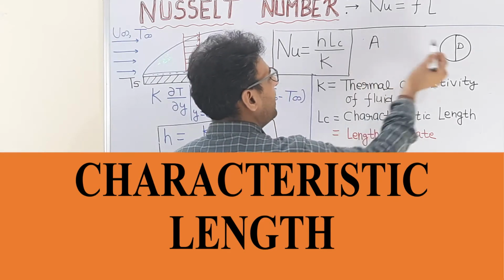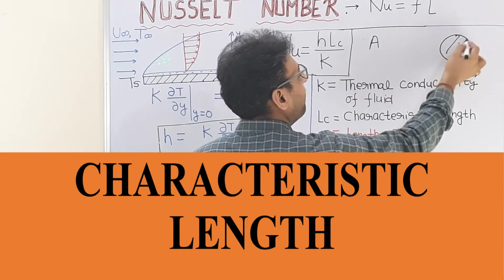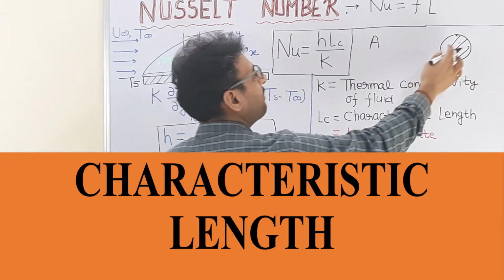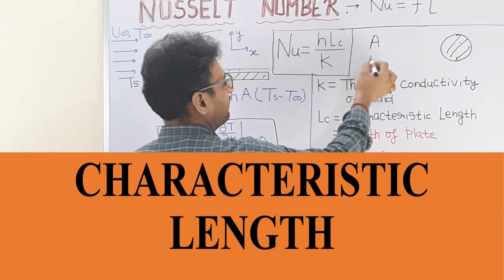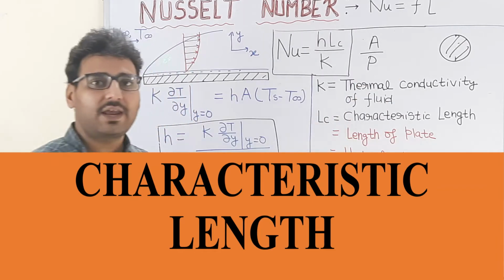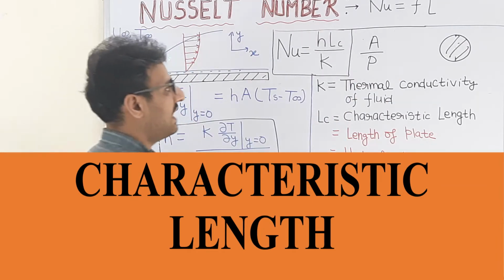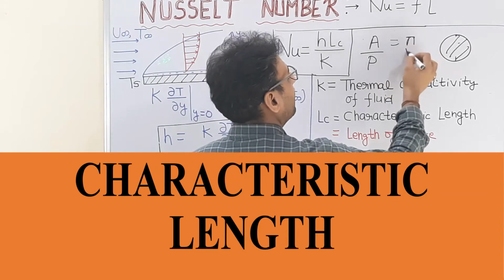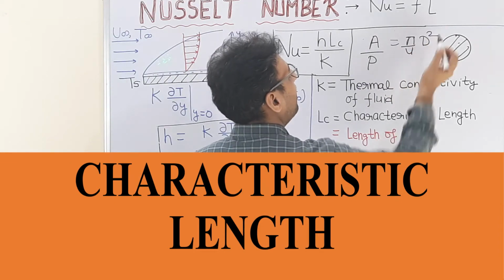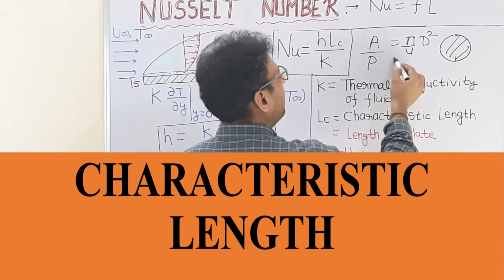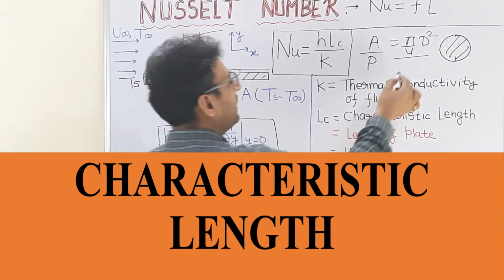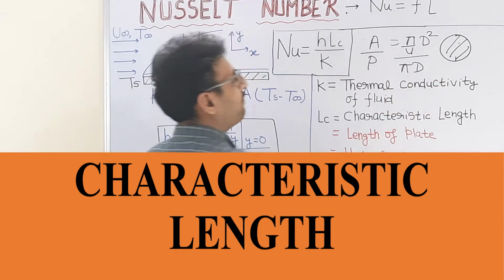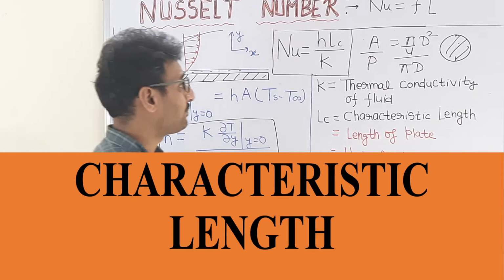A is the cross-sectional area of the pipe and P is the perimeter of the pipe. The cross-sectional area of a circular pipe is basically pi by 4 d square, and the perimeter is pi d.